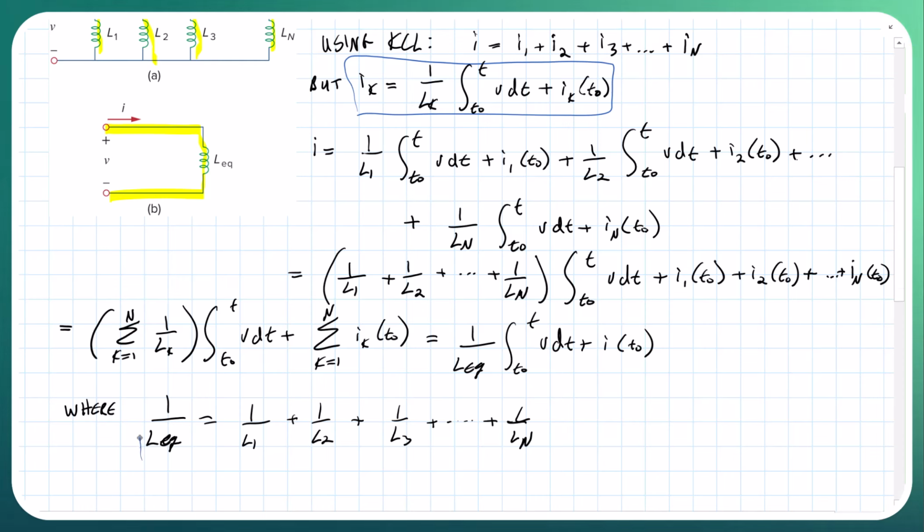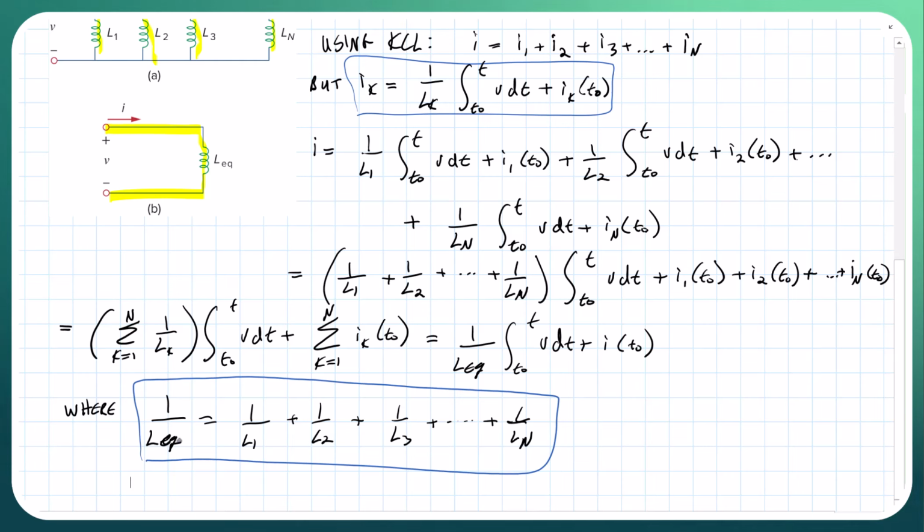And that's how we derive this relationship here. And as you see, this is the same thing that we would have if we were using capacitances.